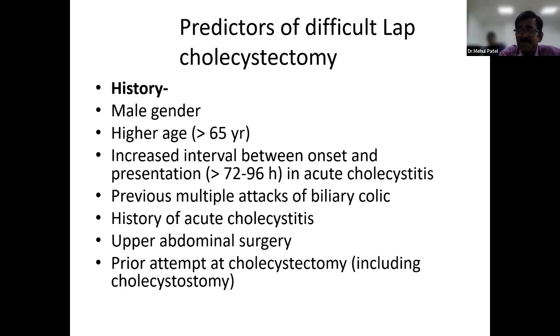If the patient is presenting with acute cholecystitis, particularly presenting more than 72 hours after the onset of pain, has previous multiple attacks of biliary colic, has a previous history of acute cholecystitis, has had upper abdominal surgery, or either has a previous failed attempt at cholecystectomy or last time had a bailout technique of cholecystectomy.